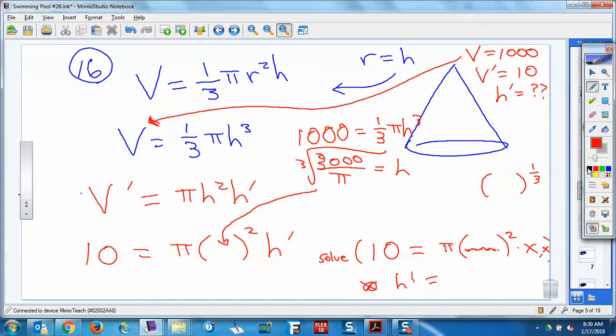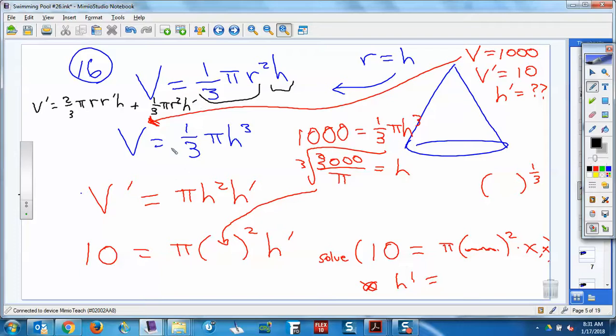I mean, if I do that in black, I hesitate to even show you, but it never fails that somebody does it anyway. So if I take the derivative of this first part, the 1/3 pi just stays there. So I could have V prime is 2/3 pi r r prime with the h left alone, plus 1/3 pi r squared left alone, and then the derivative of the h would be h prime.